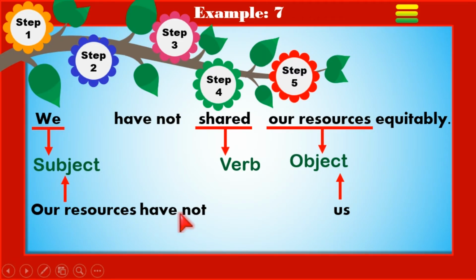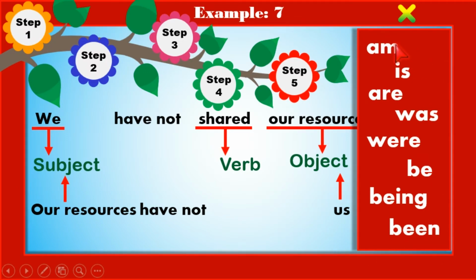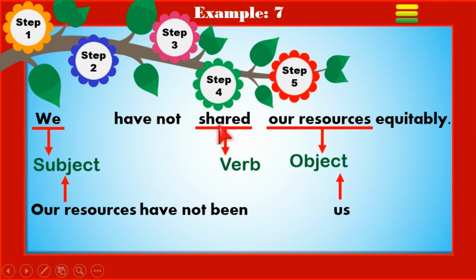Our resources have not. Then find out the suitable auxiliary verb from this table. If the sentence is perfect tense, you should use been. Then past participle form of the verb, shared. Then step 5, by.